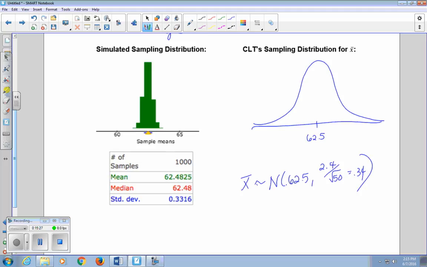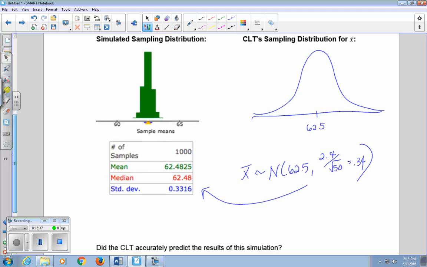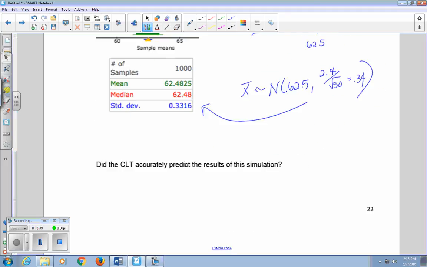And again, this is matching well with what we're seeing in the simulation. So yes, the CLT does predict our simulation.